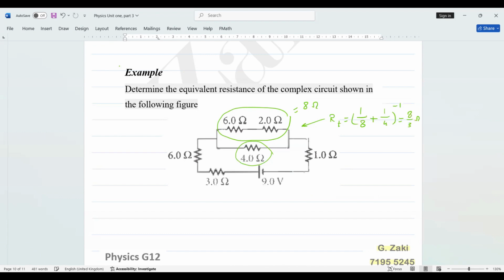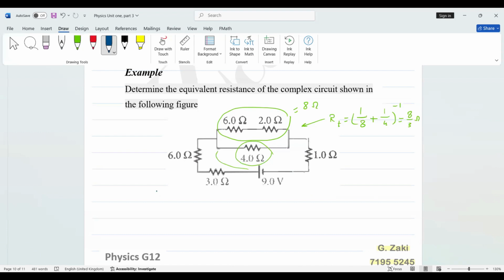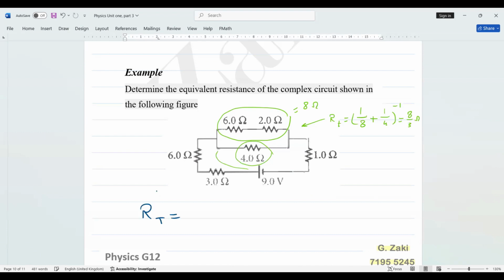Now they are in series. Then we can get R total for the whole. So R total equals 3, it is series, plus 6, it is series, and the total resistance of this combination is 8 over 3.